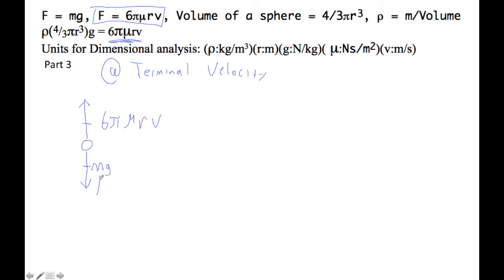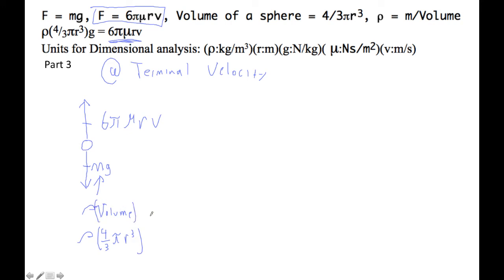Remember, mass is density times volume. The density is rho, and the volume is 4/3 pi r to the third, because that's the volume of a sphere.